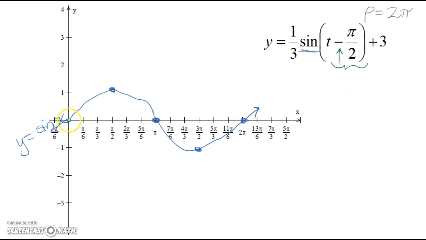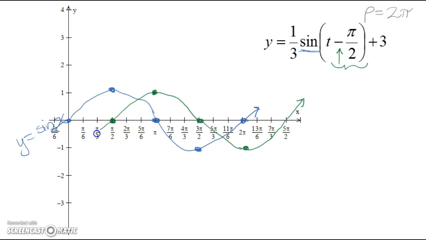So I'm going to take this point, and I know that it's going to be here now. I'm taking each of these interesting points that I have on the parent function and shifting them pi over 2 to the right in the plane. So this function would actually look like so.